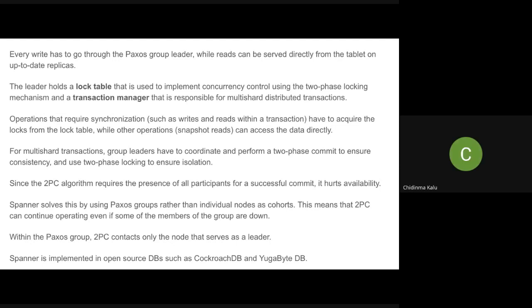Wait, are you saying that 2PC is not used here, like in RAMP? Oh no, that's not what I'm saying. I'm just saying generally, in software development, if you're trying to do stuff, you wouldn't necessarily reach for 2PC as your first go-to thing.